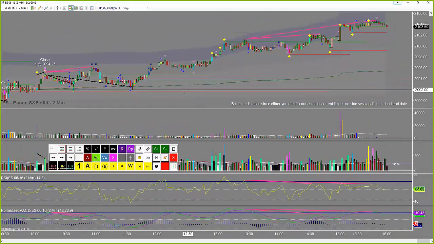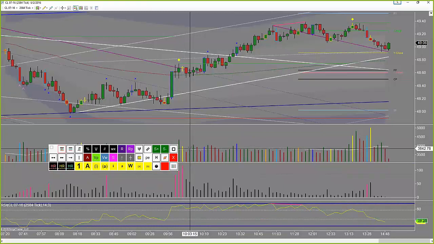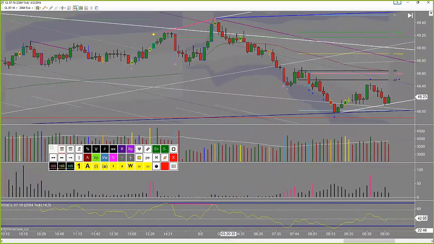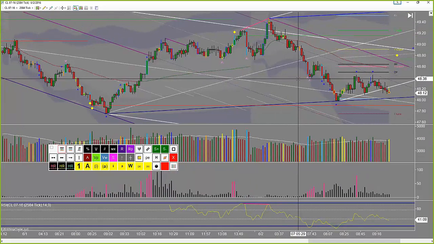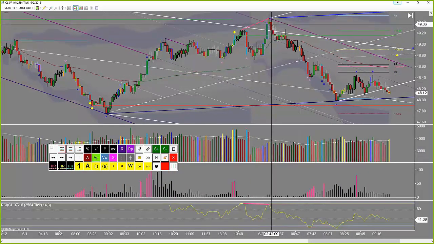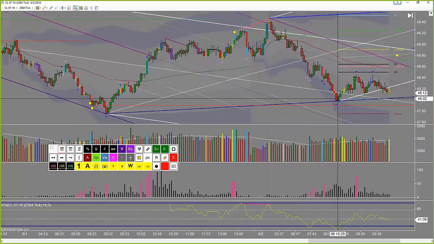So we've got the next move in crude. This is what threw me off in crude. So we had very clear 5 waves down, right? What do I always say about 5 waves down? It could potentially be a C wave, right?